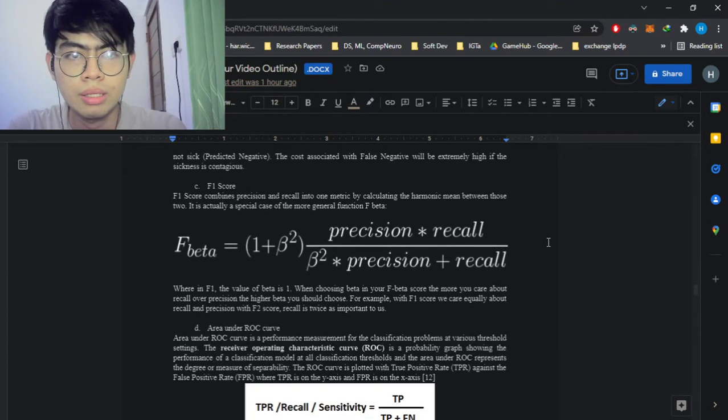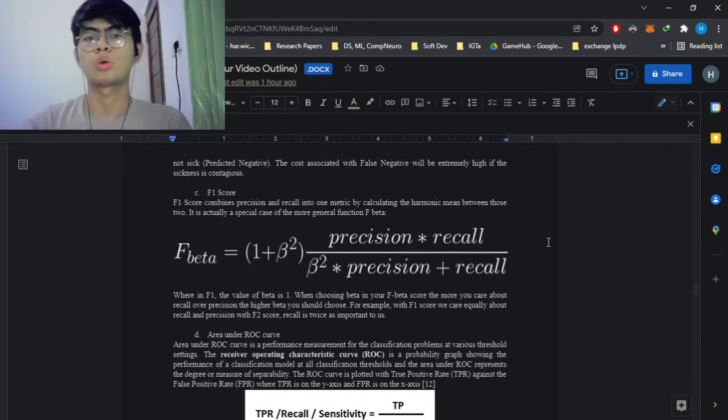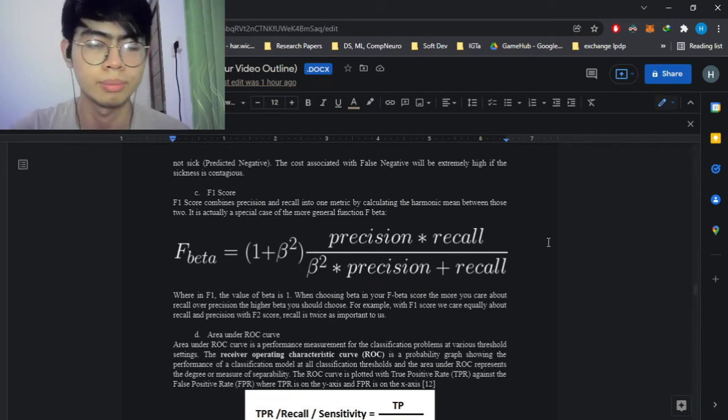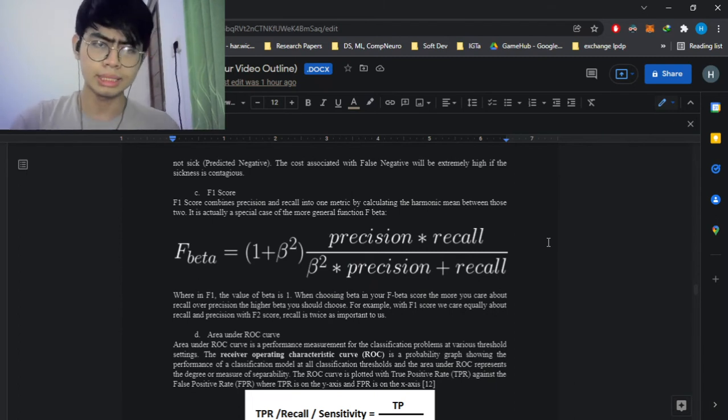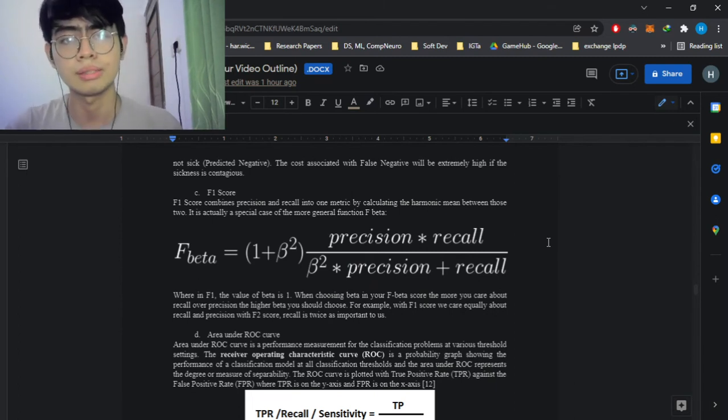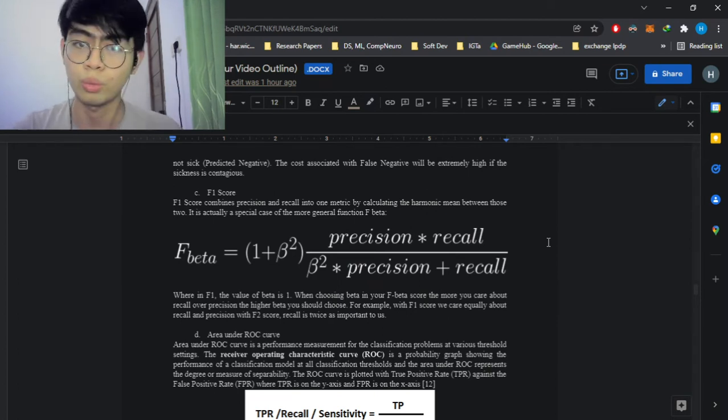Now we move on to the F beta score, or as people like to call it, the F1 score, because it takes the value of 1 for the beta value. The F1 score essentially combines precision and recall into one metric by calculating the harmonic mean between those two.